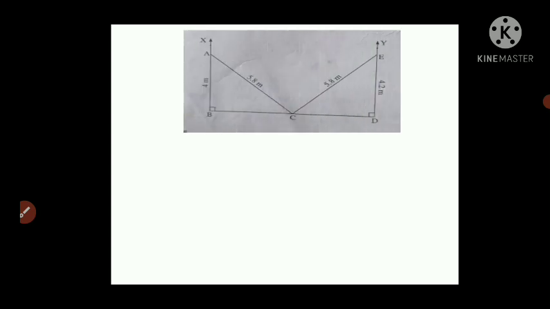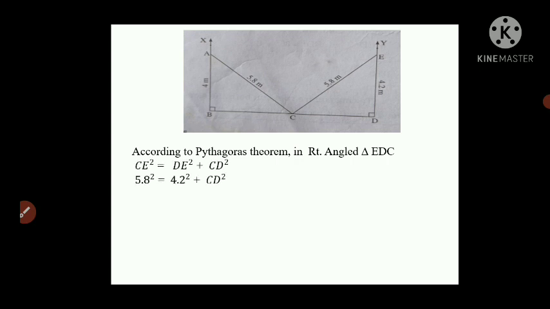Now we'll move on to the second part of the diagram, that is right angle triangle EDC. You can check on the right hand side, EDC is a right angle triangle. So by Pythagoras we know again hypotenuse square, that is EC square, will be equal to side 1, that is DE square, plus side 2, CD square. So CE is given 5.8, is equal to DE is given 4.2, the whole square, plus CD we have to find out.